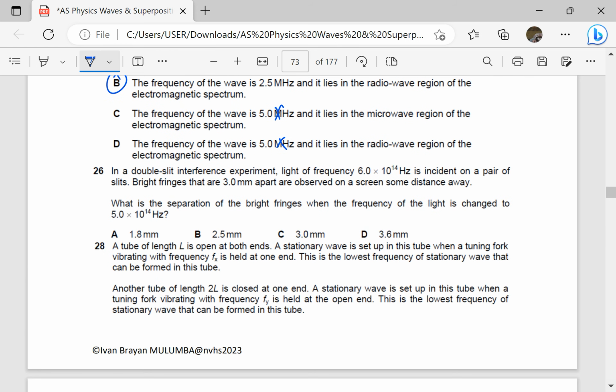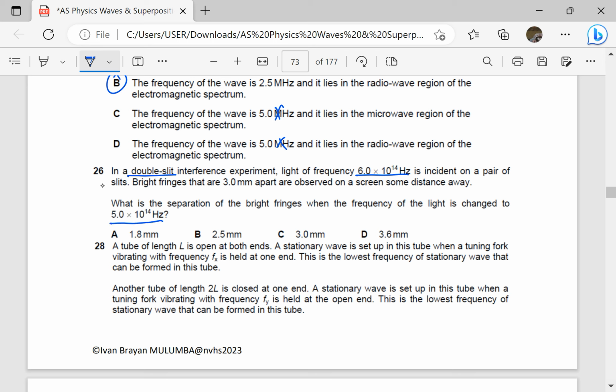In a double slit experiment, interference experiment, light of frequency 6 Hz is incident on a pair of slits. Bright fringes that are 3 millimeters apart are observed on a screen some distance away. What is the separation of the bright fringes when the frequency of the light is changed to this?